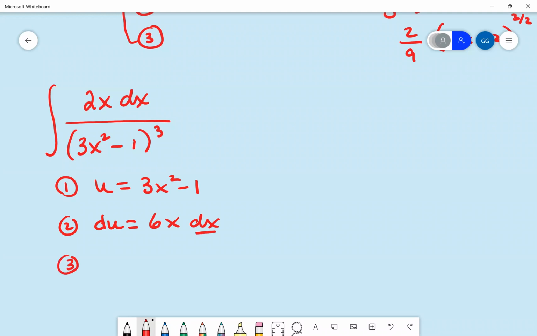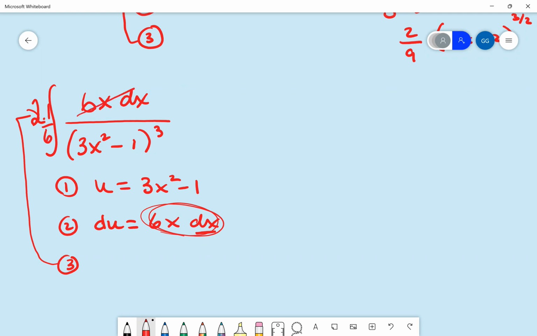In step 3, I'll return back to the integrand. I've got a 2x dx, but I need that to become a 6x dx so I can replace this with the du. So what I'll do is I'll just take out that constant of 2, and I'm going to put in a 6, but I'll always take out its reciprocal, which is 1/6.